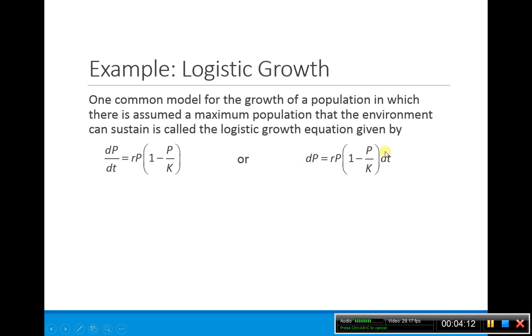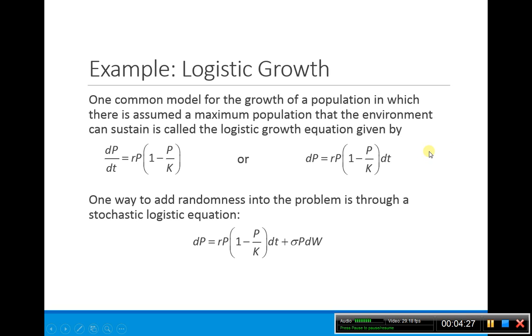Remember I said lots of times we want to write our ODE like this because then we can see that it's going to be similar to our stochastic differential equation. This gives us the average of what's going to happen, and then we're going to add this stochastic term over here. One way to add randomness into the model is to take this typical response with our ODEs.